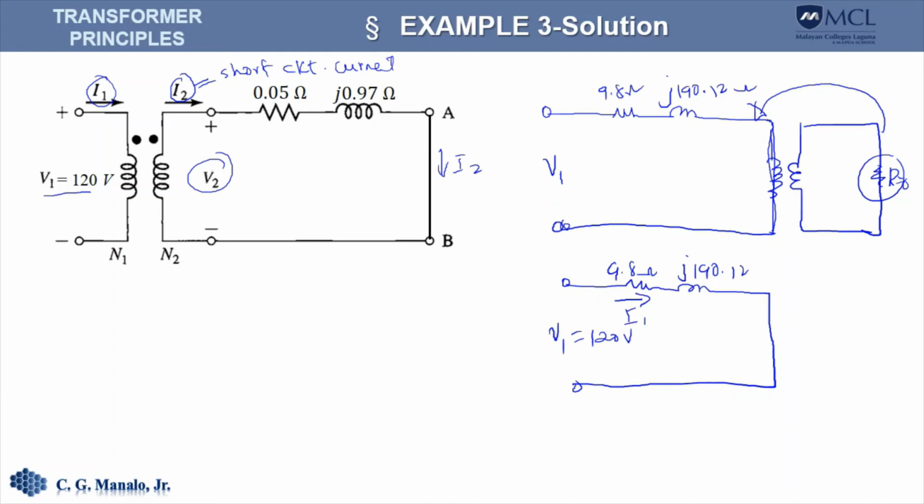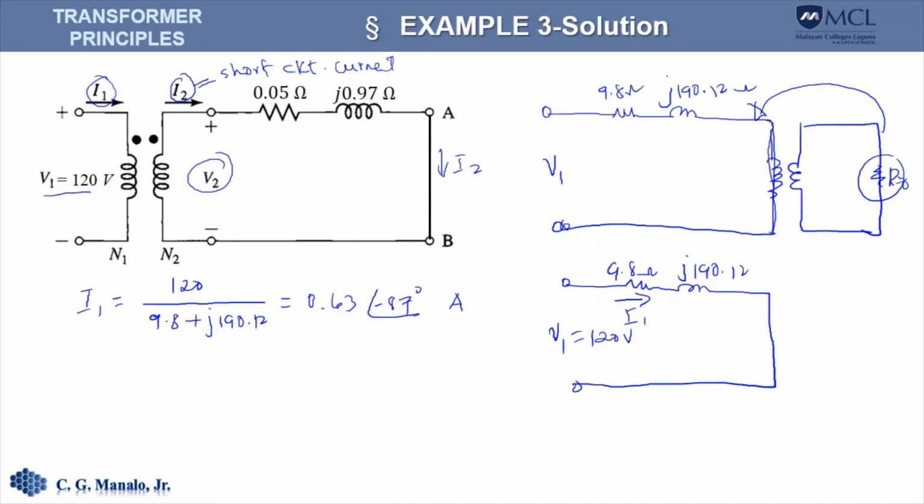I sub 1 would be equal to 120 divided by 9.8 plus j190.12, and that will give us an I sub 1 of 0.63 with a phase angle of negative 57 degrees.